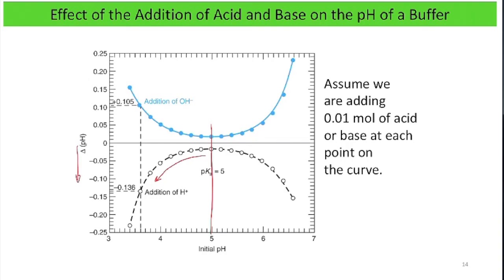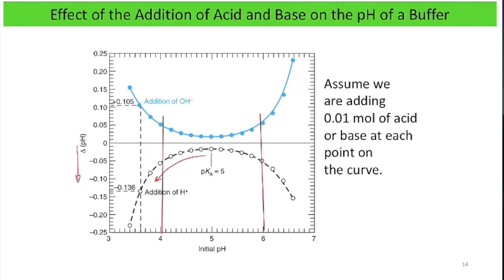Now, the spot on this graph where pH equals pKa minus 1 is right around there, and this is pH equals pKa plus 1, right around there.